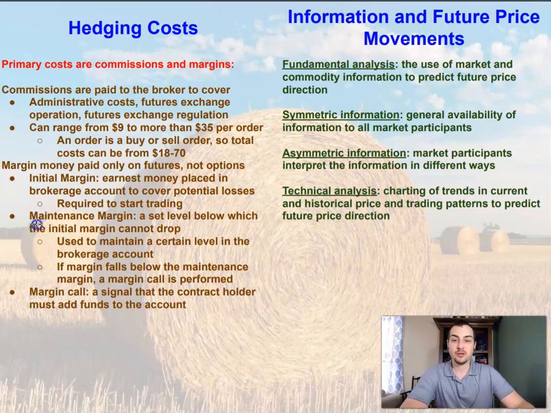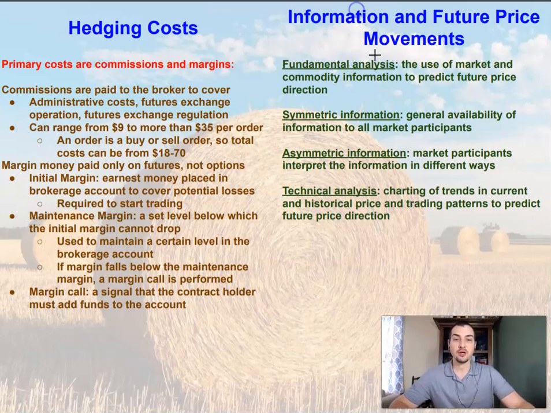And then you have what's known as a maintenance margin. A maintenance margin is a set level below which the initial margin cannot drop. So let's say that they require an initial margin of maybe $1,000 or something like that. But then they set this maintenance margin at $250.